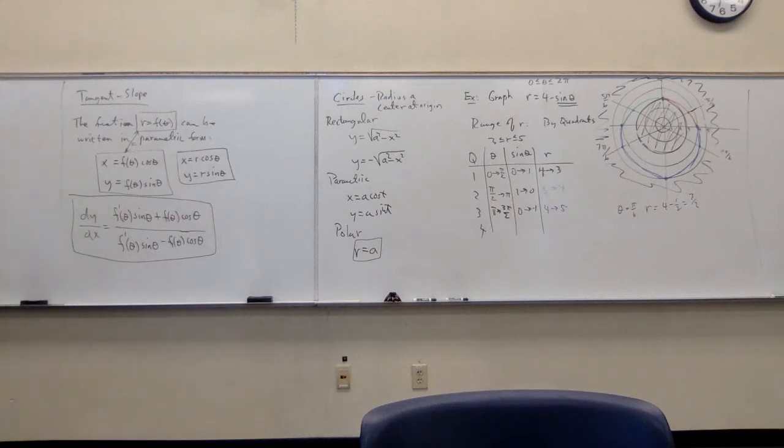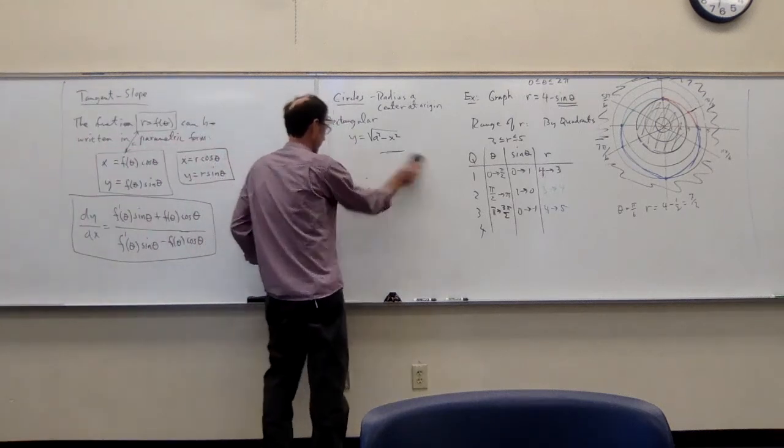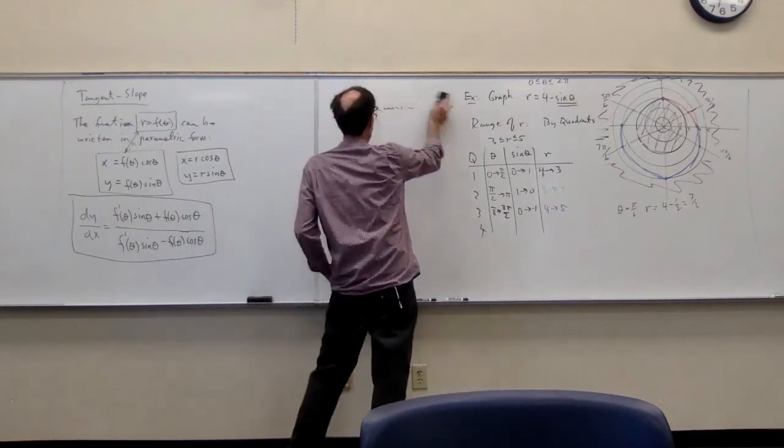Maybe we can ask for a prettier form, but we have a form, and in general we can't really simplify it. What we can do with it depends on the function r.